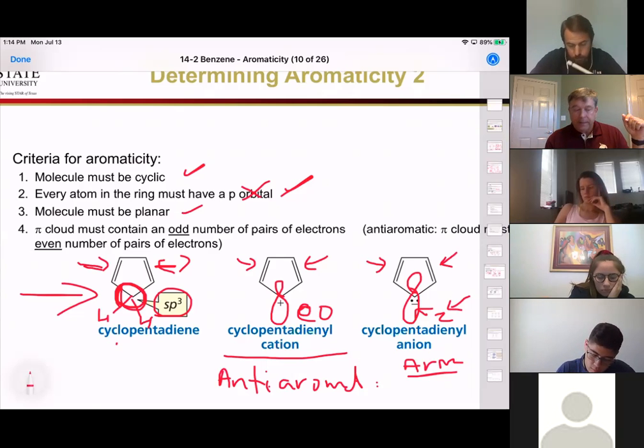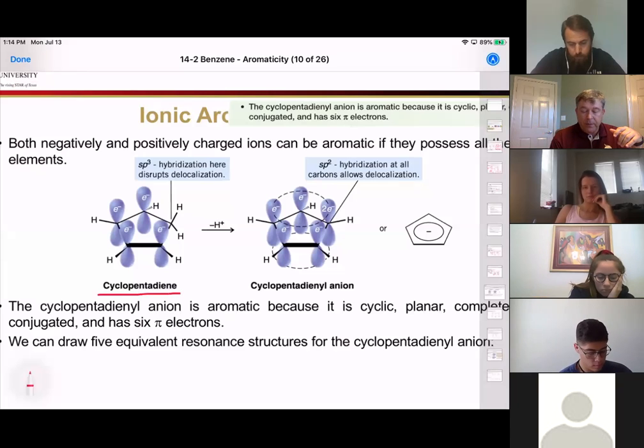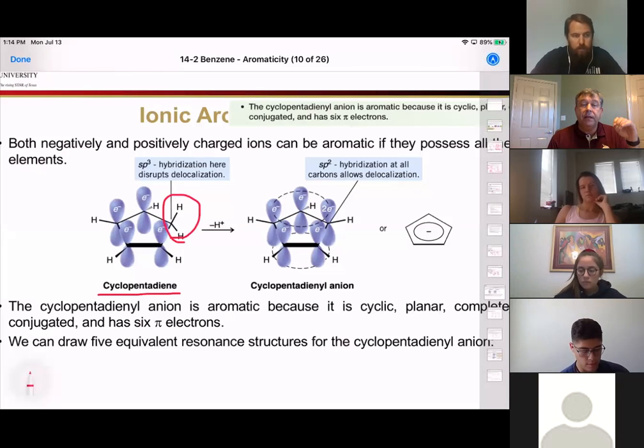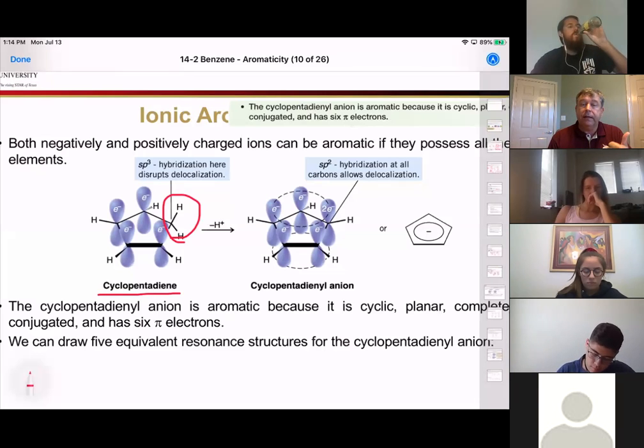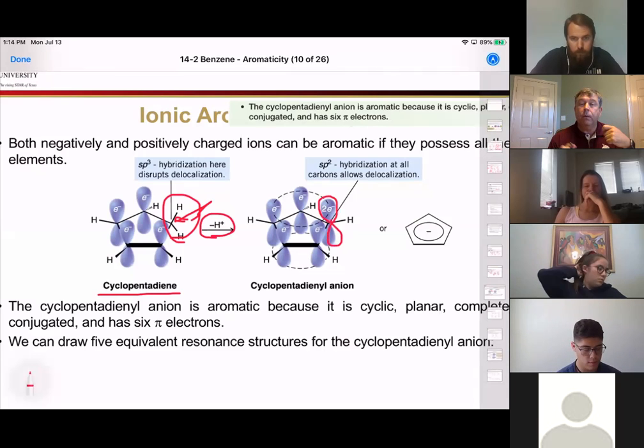So let's look at that a little bit more and just kind of figure out why that's working for us, right? So if we redraw that cyclopentadiene with its 2 hydrogens on it, we see we break conjugation with our sp3 hybridized carbon, okay? We don't have that p orbital to share in the system. But by removing a hydrogen plus and leaving the 2 electrons that were making that sigma bond, we can get it to be sp2 hybridized and have a p orbital.